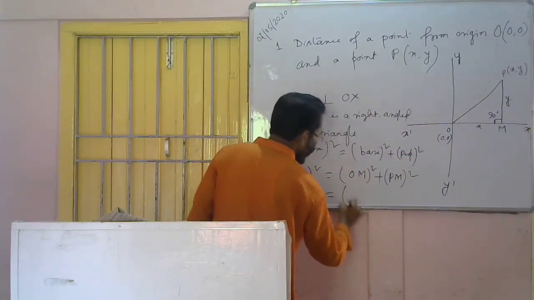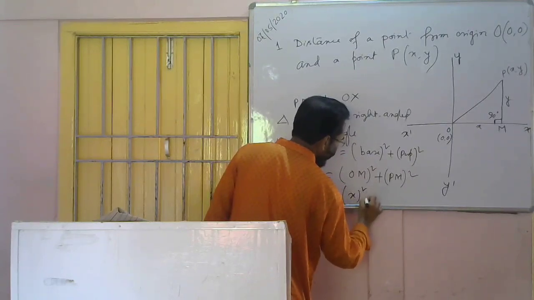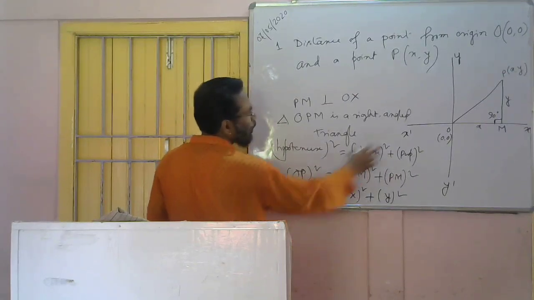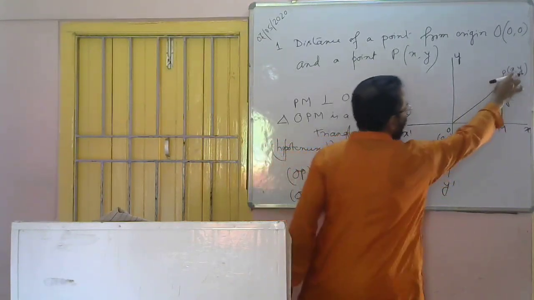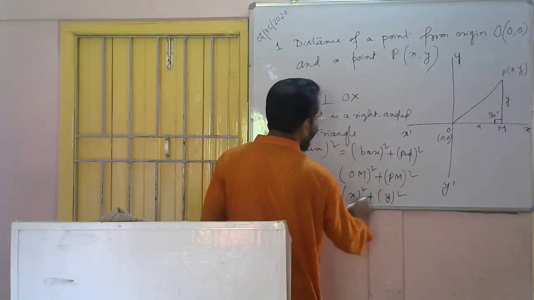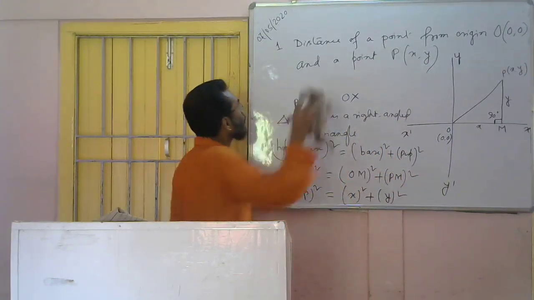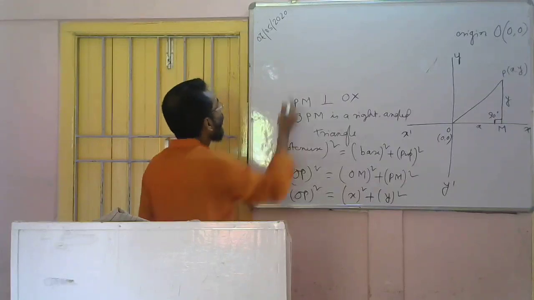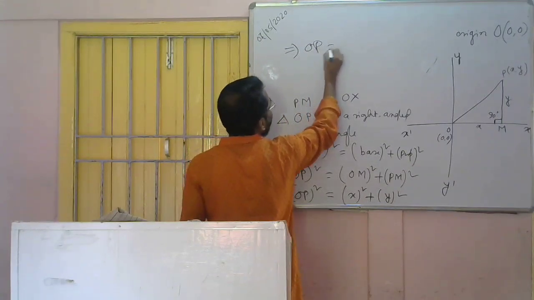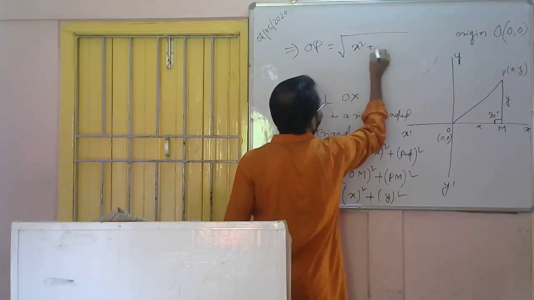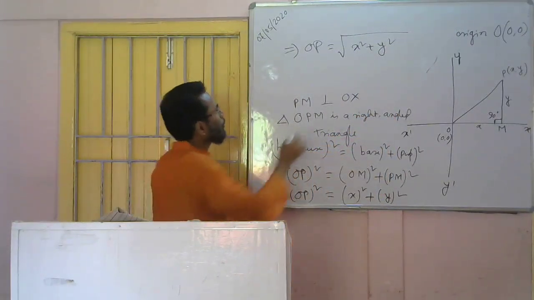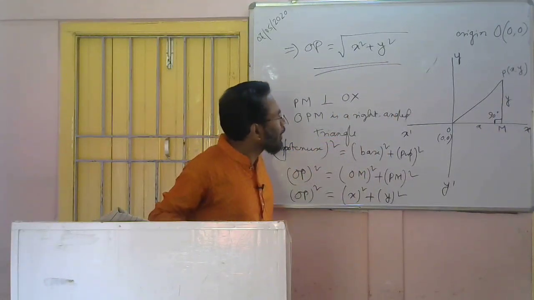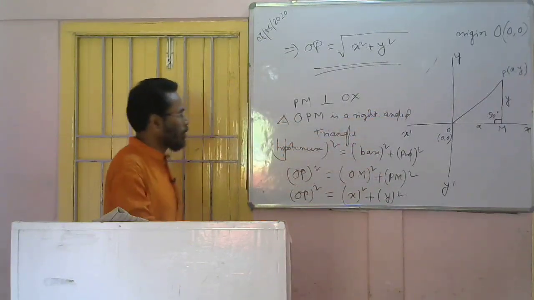So OM is x, PM is y, and OP is the distance from the origin to P. So OP square is x square plus y square, so OP will be root over x square plus y square. This is the formula for finding the distance from the origin to any point.